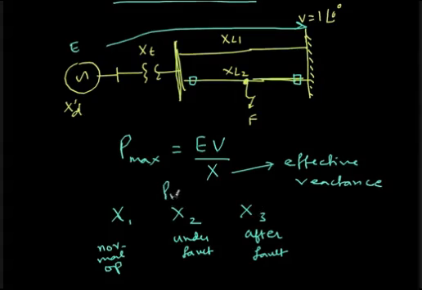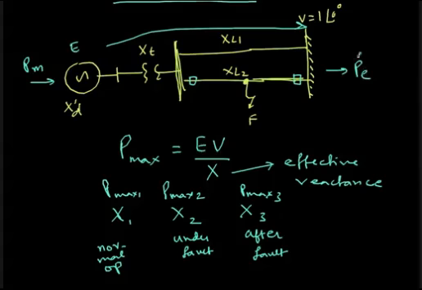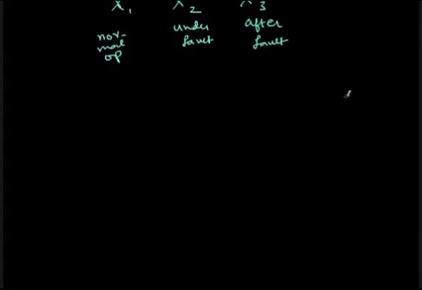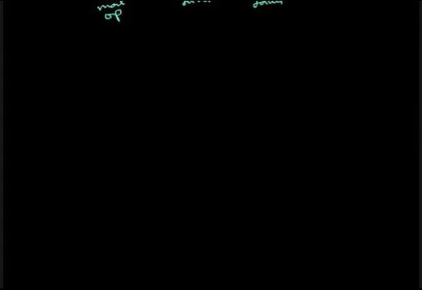So we have Pmax2 as a result of that, and then Pmax3 after this line is cleared, and Pmax1 is the normal one. Based on this, I'll get three power curves. Here the input is the mechanical power input and the output is the electrical power output. So for P, I'll get three different values. That is what we are going to see, and that is what is going to explain the equal area criteria.